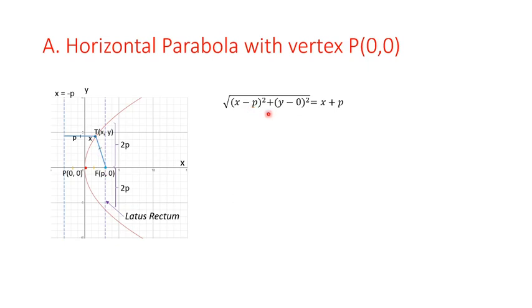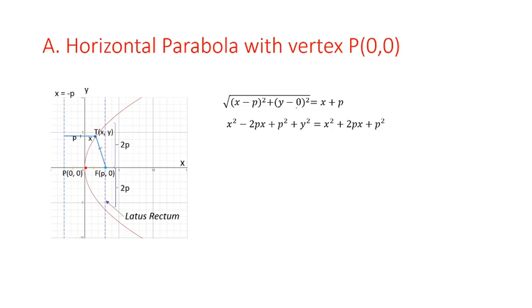So we can calculate the distance, square both sides, and simplify. Here we have x squared minus 2px plus p squared plus y squared equals x squared plus 2px plus p squared.